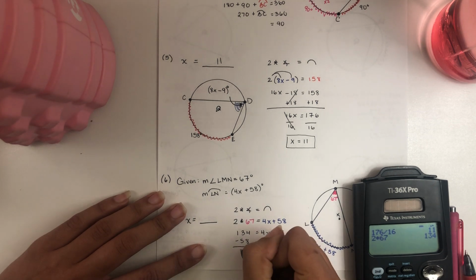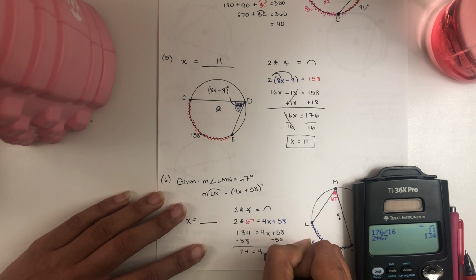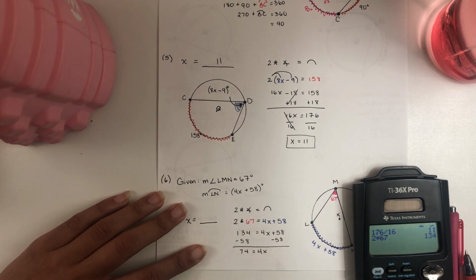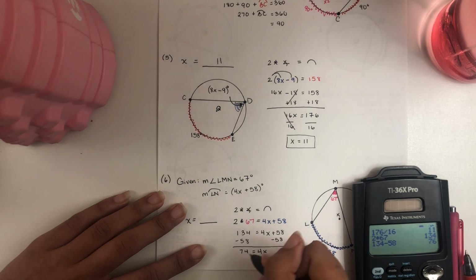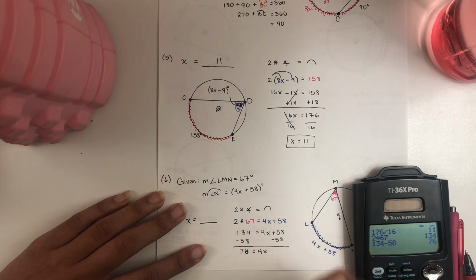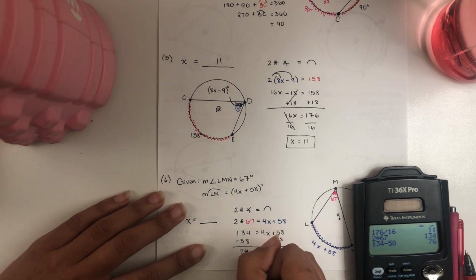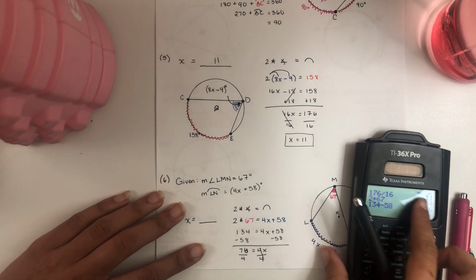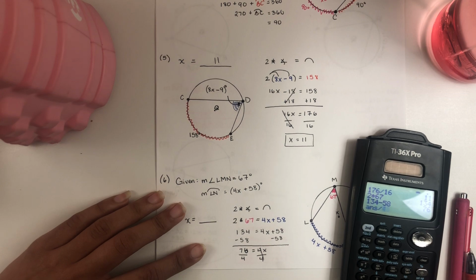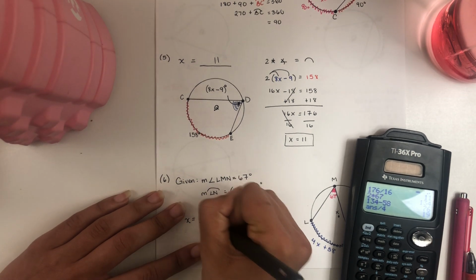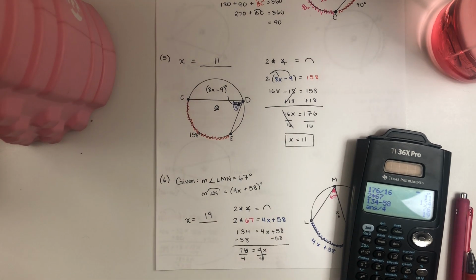Right? We get 74 is equal to 4x, I believe. Oh, 76, I'm sorry. 76 is equal to 4x, divide by 4. 76 divided by 4, and you get x equals 19.